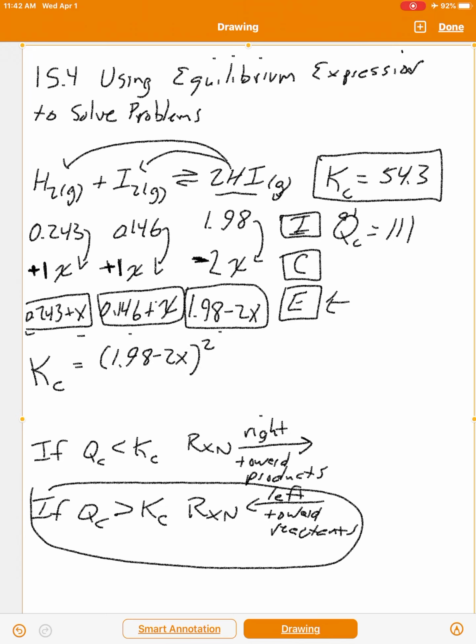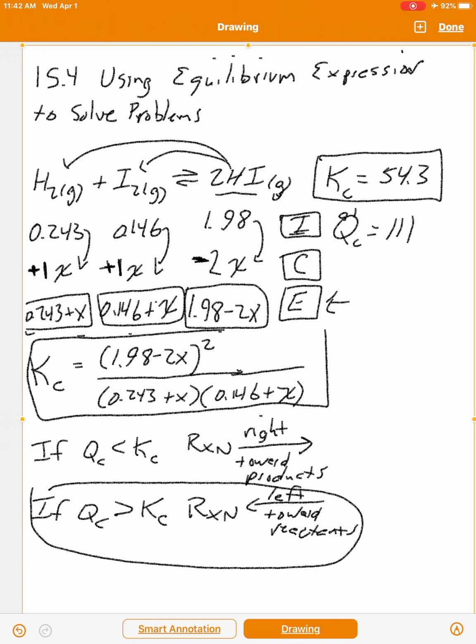That's HI squared, divided by the concentration of H2, which is 0.243 plus x, times the concentration of I2, 0.146 plus x.